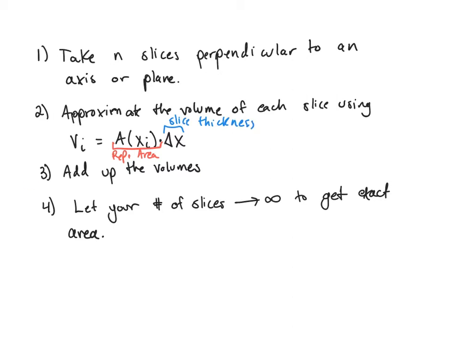Then you are going to add up all those volumes, and those first three steps would be an approximation of the volume. If you want to get an exact volume, you need to let your number of slices go to infinity.